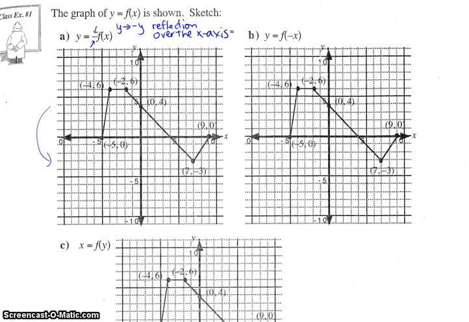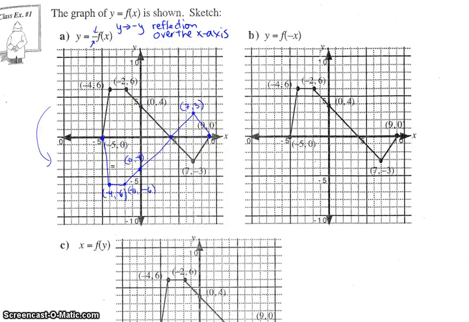Each one of these points is going to get reflected over the x-axis. So this point here at negative 4 comma 6 would now be at negative 4 comma negative 6 down here. Okay, so pause your video and go ahead and plot all the new points on the reflected graph, just for part A, and then check back.